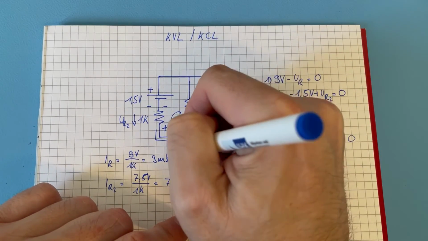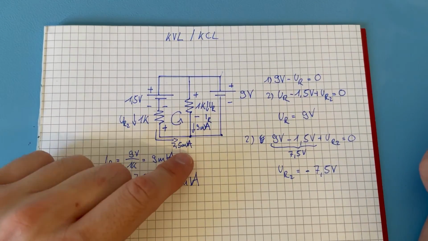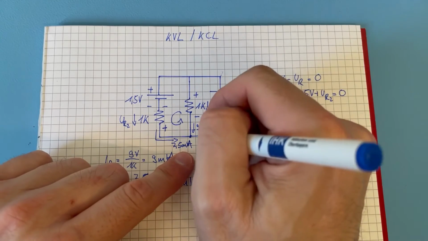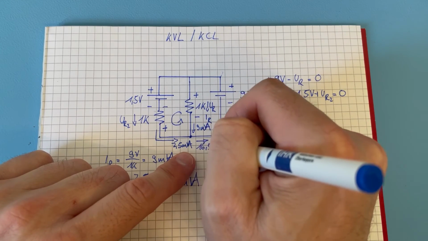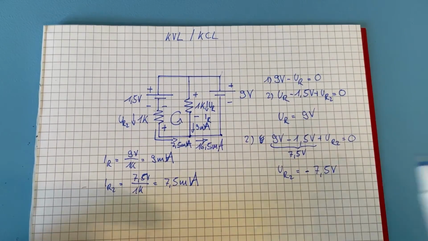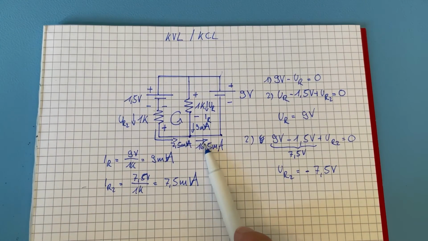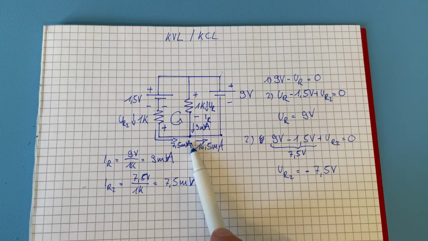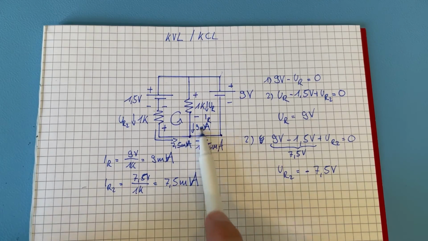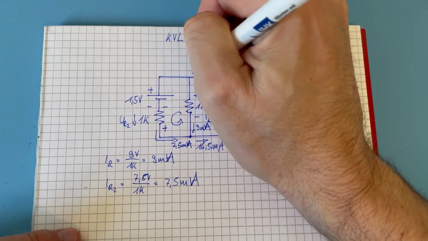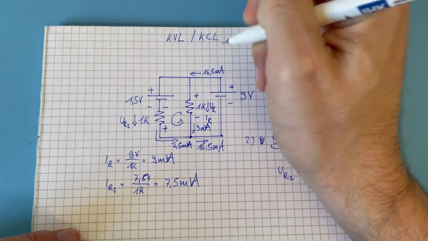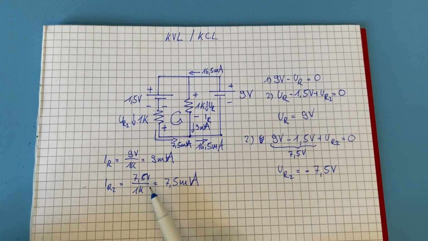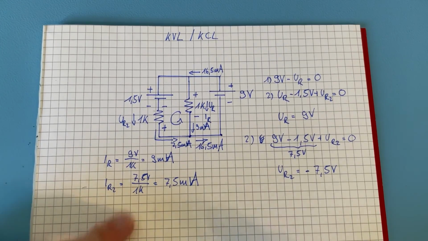Always one mistake is baked into my videos, I hope you found it earlier. So 16.5 milliamps come out here, and if they come out here, then of course the 16.5 milliamps also go in above. That's the whole circuit in around 5-6 minutes, which we did in half an hour last time.